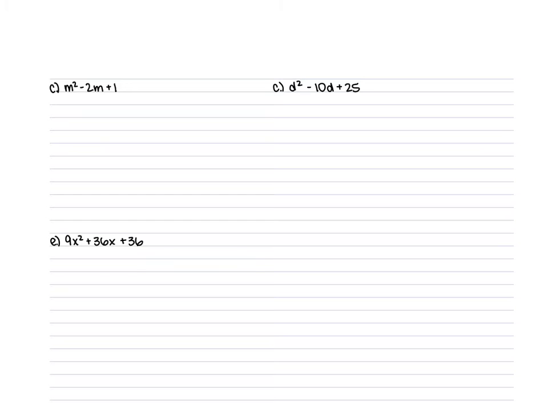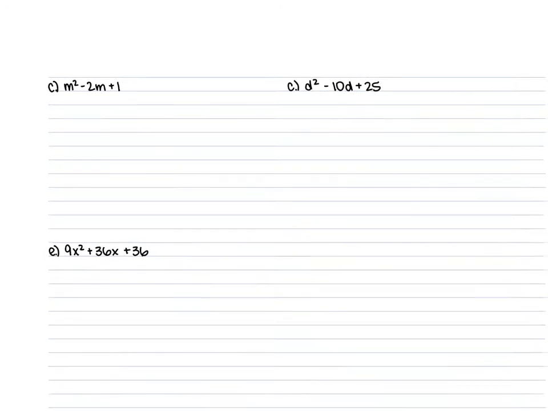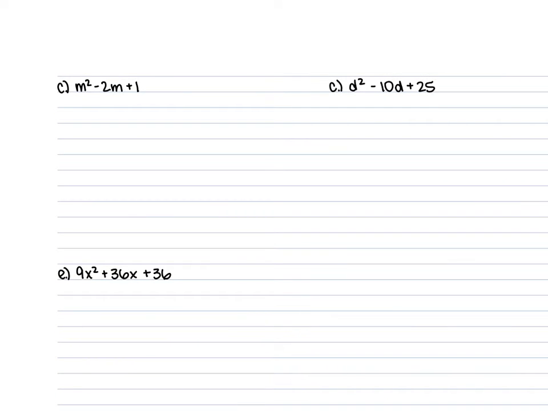For example C, we're given m squared minus 2m plus 1. So if I take the square root of the m squared, if I take the square root of that 1, my a is m, my b is 1. The sign on that middle term is negative, so I'm going to do a negative 2 times m times 1.